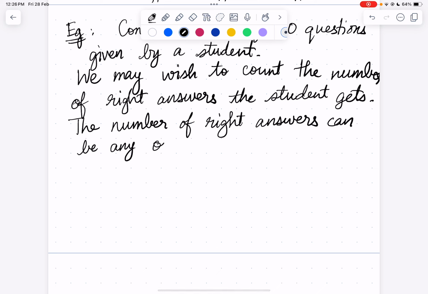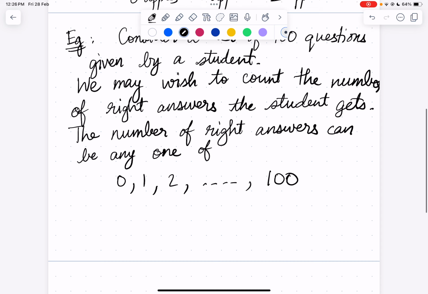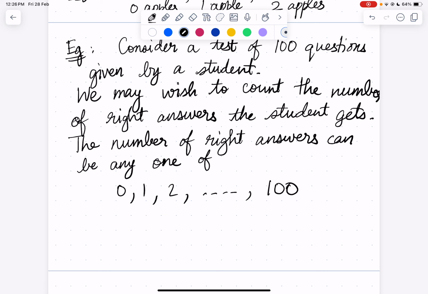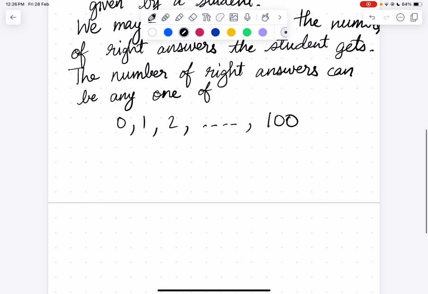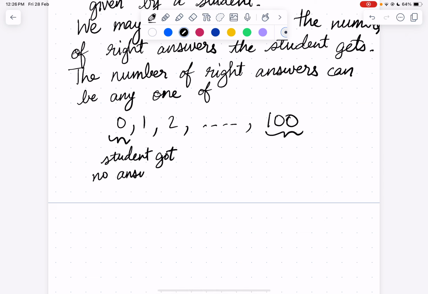The number of right answers can be any one of 0, 1, 2, so until 100. 0 means the student got no answer right, and 100 means the student got all answers right.